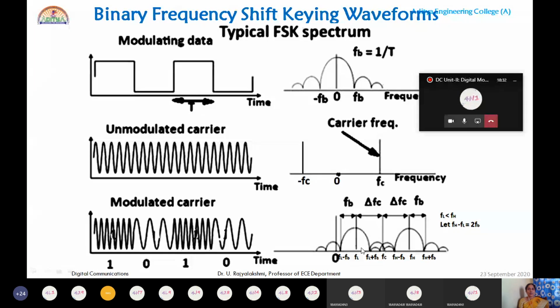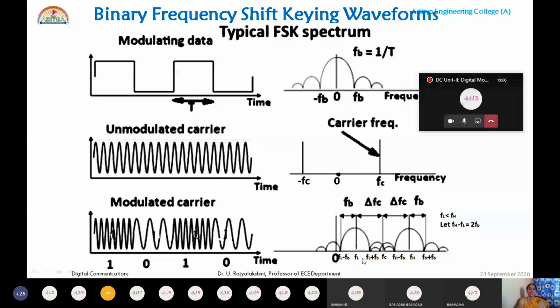Once FH is multiplied by plus or minus FB, you know that you will get only two sidebands. This is the principle of double sideband suppressed carrier. Here the carrier gets suppressed, but two sidebands will exist, that is FH minus FB to FH plus FB. This is due to the upper multiplier, and the lower multiplier takes the product of BL of t and the phi 2 of t carrier, where phi 2 of t is root 2 by Ts into cos 2 pi FL t.